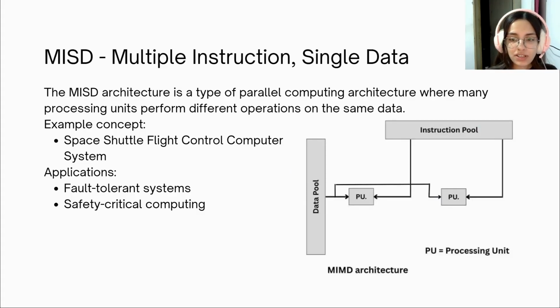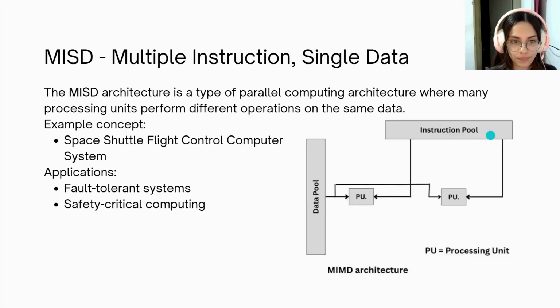It is mostly associated with fault-tolerant systems and safety-critical computing, where multiple processors analyze the same data to ensure reliability. An example is the Space Shuttle Flight Control Computer, where redundant computers process the same data for safety.